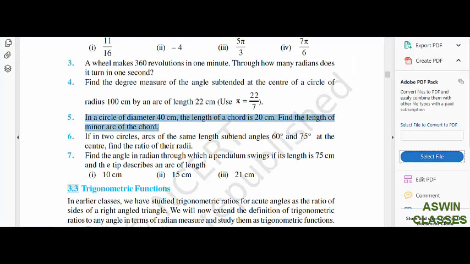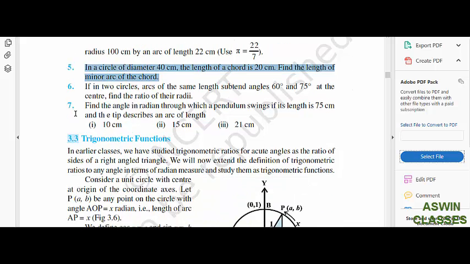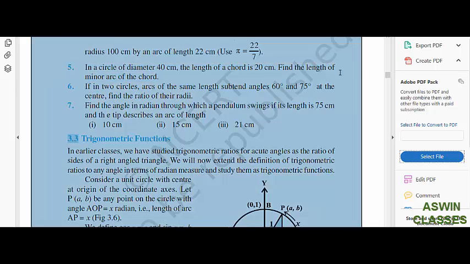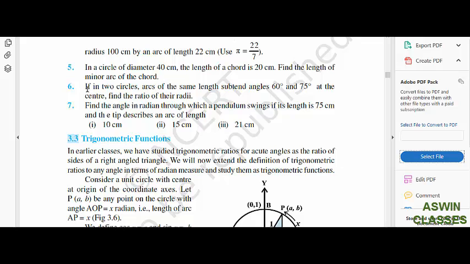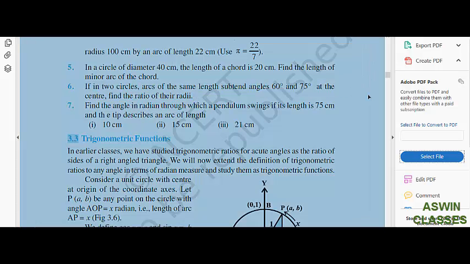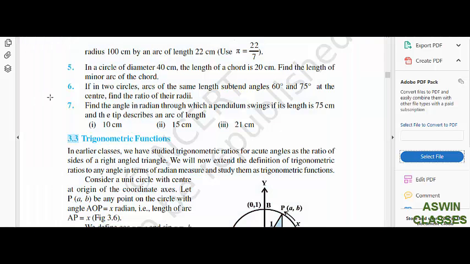Clear? Now the second question is, if in two circles arcs of the same length subtend 60 degree and 75 degree at the center, find the ratio of their radii. So how will you find this?